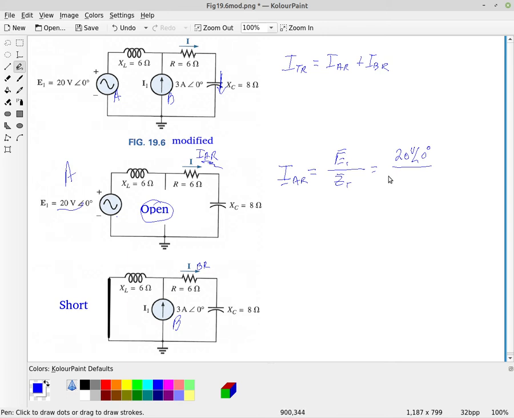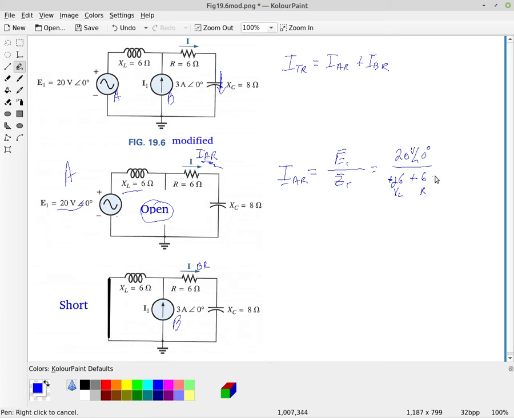And then we're going to have a plus j6 for the inductor, X_L. And then we're going to add to that just the 6, which is due to the resistance.